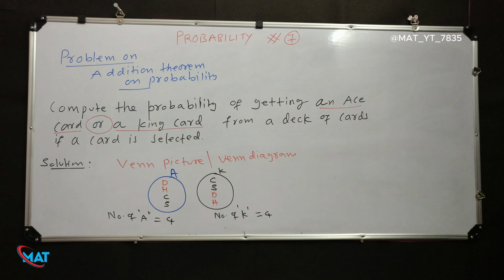These are disjoint events. Now we can apply the addition theorem on probability to get the result.